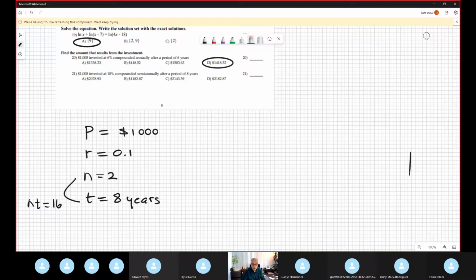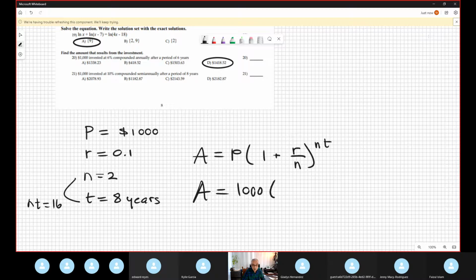Yes. Okay. Now the formula is future value equals present value times (1 plus r over m) raised to the NT. So future value is equal to 1000 times (1 plus 0.1, the interest rate, divided by 2) raised to the multiplication NT, which is 16.